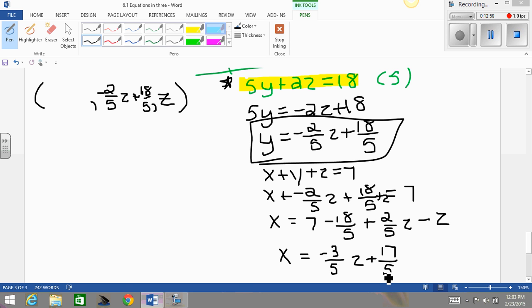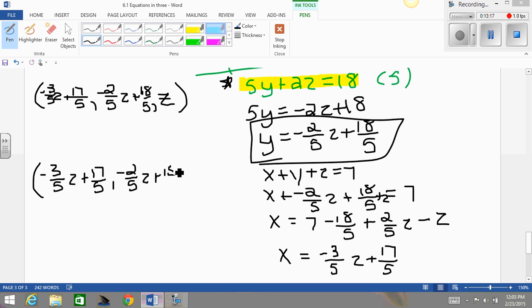Okay, so that's my x. Negative 3/5 z plus 17/5. That's a little hard to read, so let me write it bigger for you. Negative 3/5 z plus 17/5. Negative 2/5 z plus 18/5, and z. Infinitely many solutions, right, that can be found using these expressions.